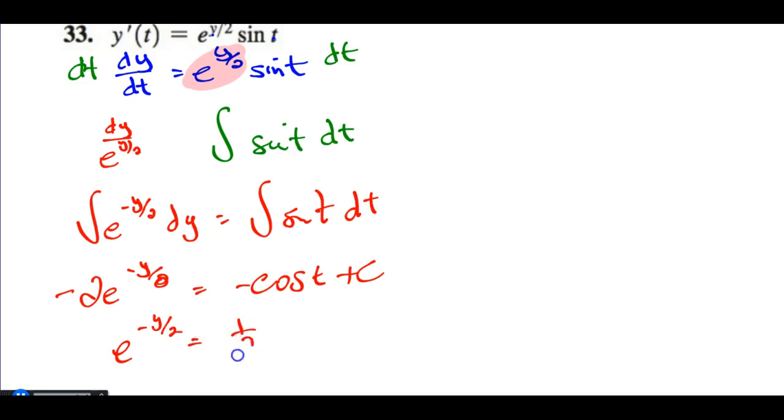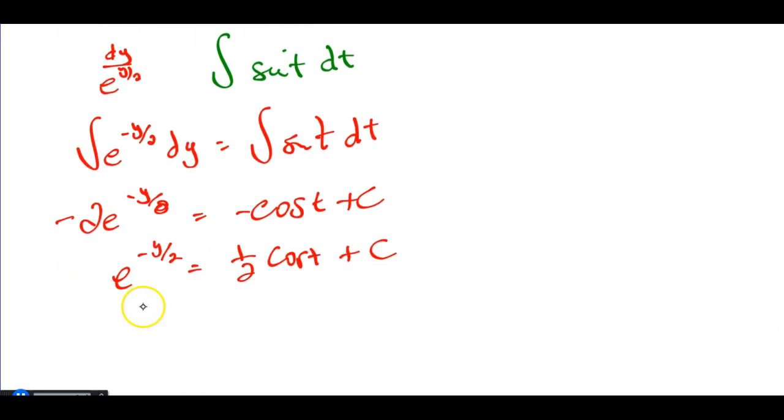So e to the negative y over 2 is equal to, let's multiply both sides through by negative 1/2. Again, that's a different constant, but if you just want to keep it c, I'm fine with that. Let's take the natural log of both sides. So do the natural log, both sides. I'll dump this out front.